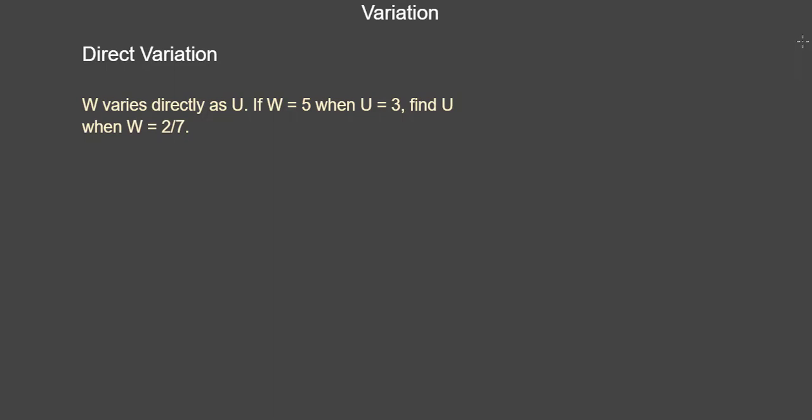Here we have: W varies directly as U. If W is equal to 5 when U equals 3, find U when W is equal to 2 over 7. First, let's try to understand how to interpret a question like this. W varies directly as U. In variation, there's something called the relationship.